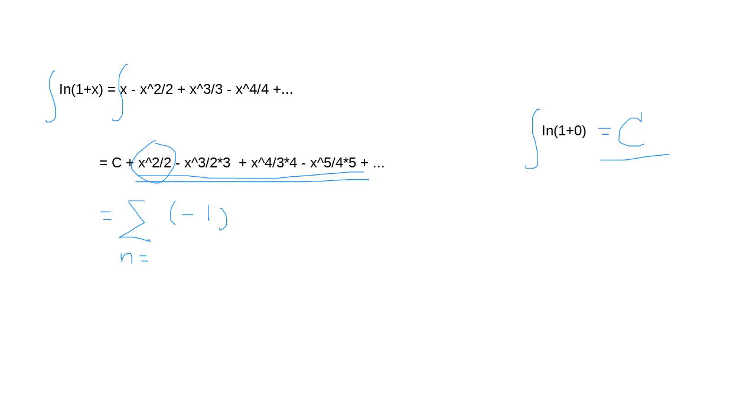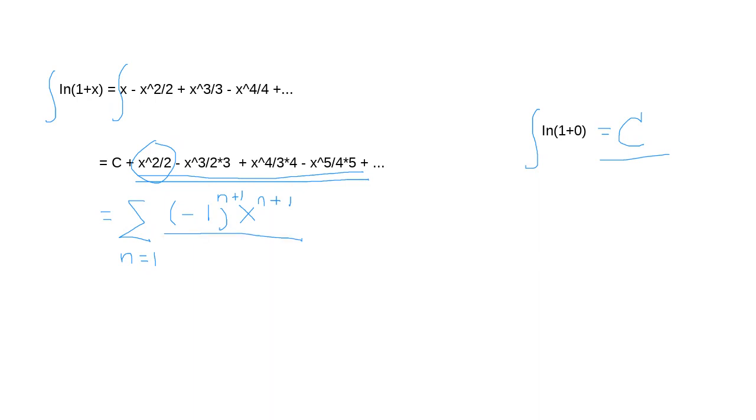Also, let's look at x: x starts with power 2. If n starts with 1, the power is n plus 1, because the first term is 1 plus 1, which is 2. Then the first term is positive, so for negative 1, we also want n plus 1, because negative 1 raised to 1 plus 1 is 2, which will be positive.